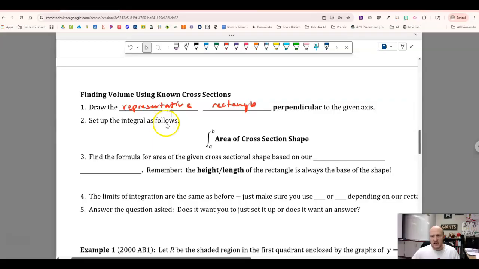Step two, set up the integral as follows: the integral from a to b of the area of the cross-section shape. If you're integrating with respect to y, make sure your bounds are also in values of y. And number three, find the formula for the area of the given cross-sectional shape based upon our representative rectangle.